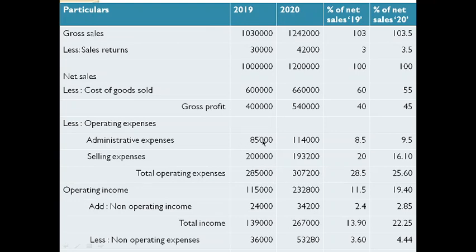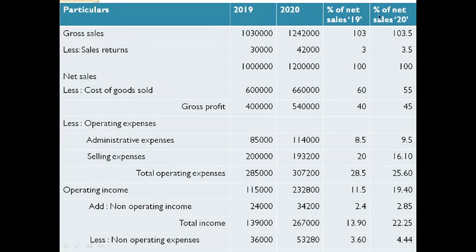In each case, you need to find the percentage. By comparing each individual item of 2019 with net sales, you will get the percentage of net sales of 2019. You will get percentage for the amounts based on 2019 by comparing them with net sales.